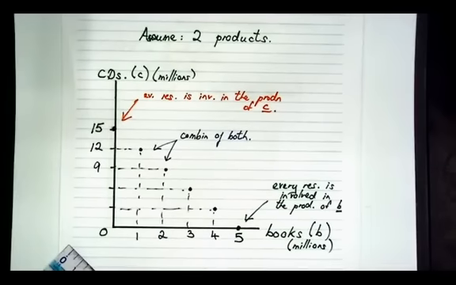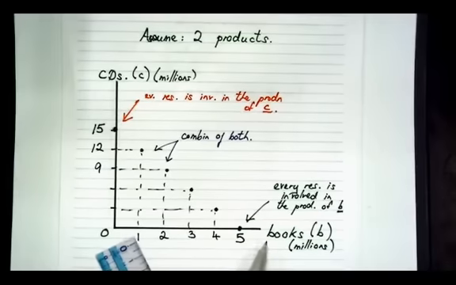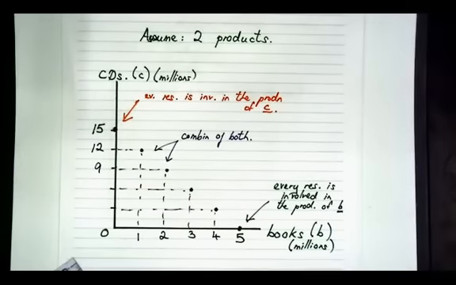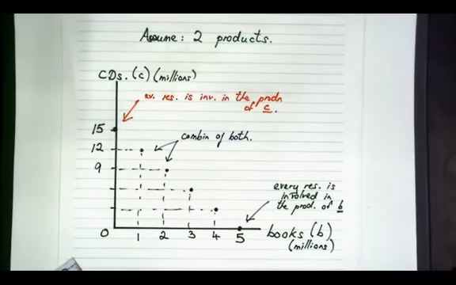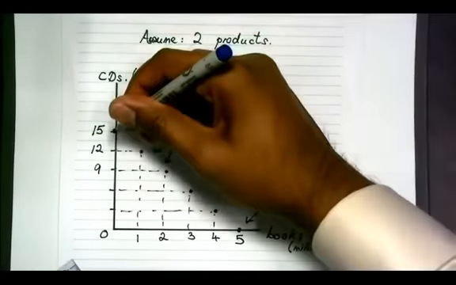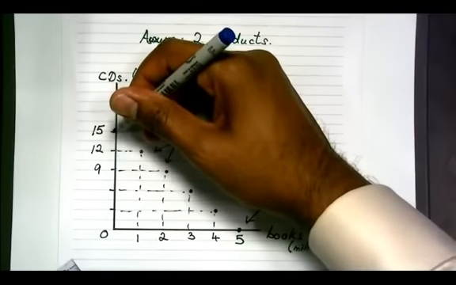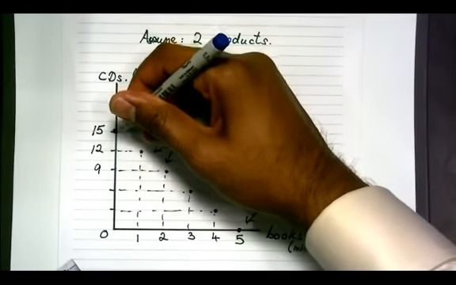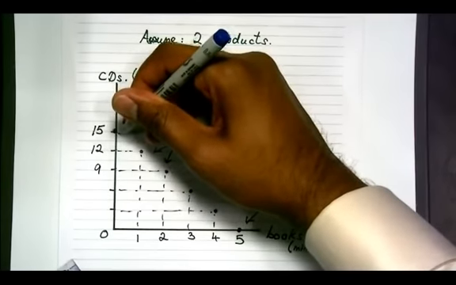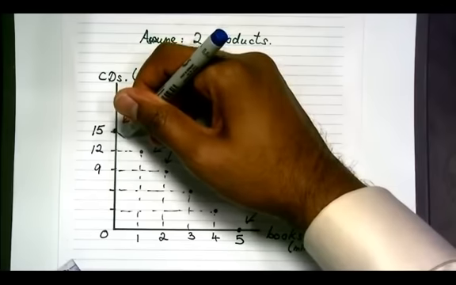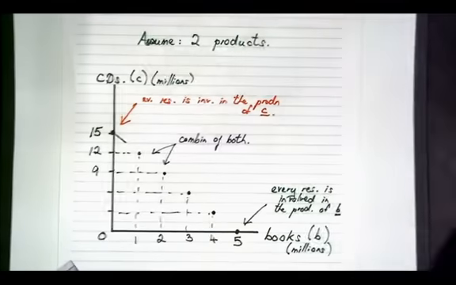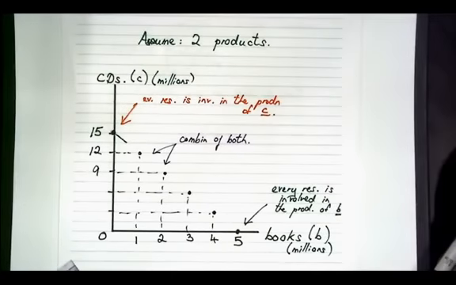Technically, there are at least 5 million combinations. Because we haven't got time, I won't draw all 5 million dots.